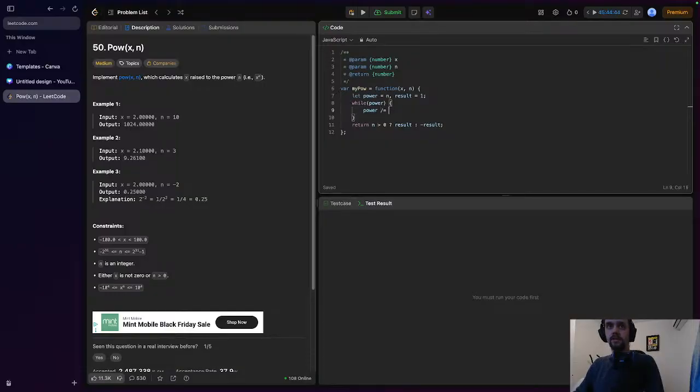And we can say power divide equals 2, and we can say result equals... do we handle decimal? Just negative? Do math.abs while power is greater than 1. So x? No. Result.